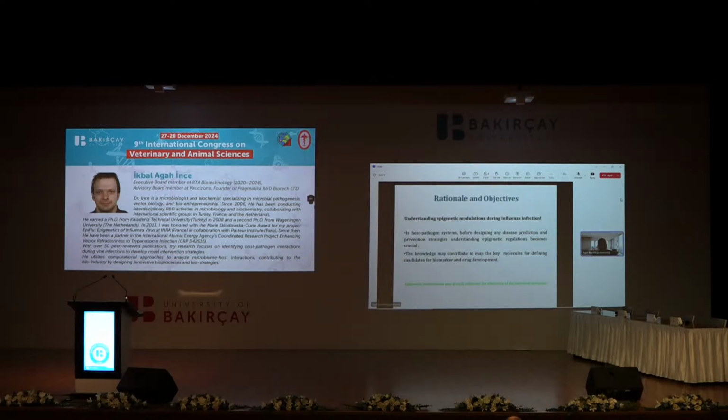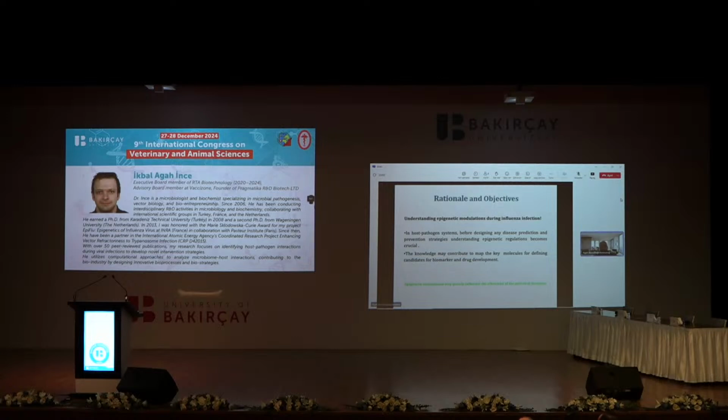However, in host-pathogen systems, before designing any disease prediction or prevention studies, you have to understand epigenetic regulations. These days, this is crucial because many drug development processes are failing at the latest stage, which causes an enormous economic burden for pharma companies or governments who try to do such R&D studies.